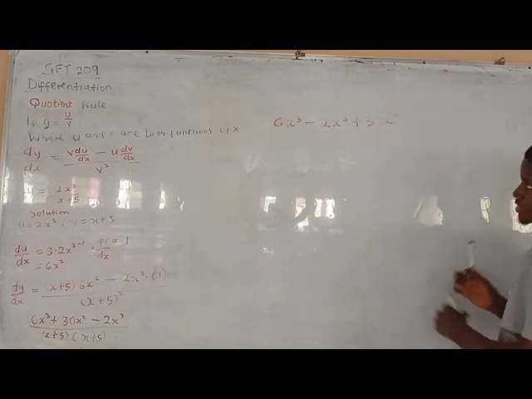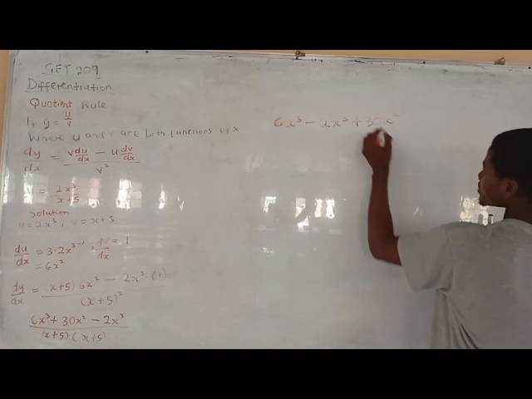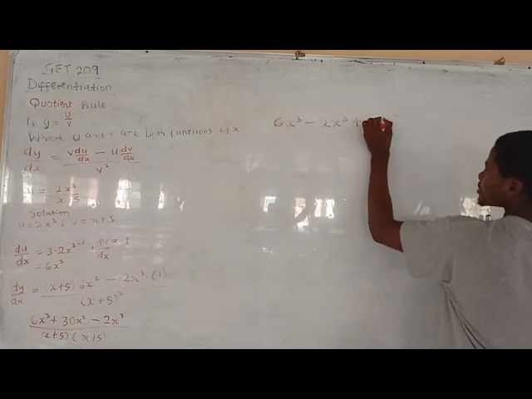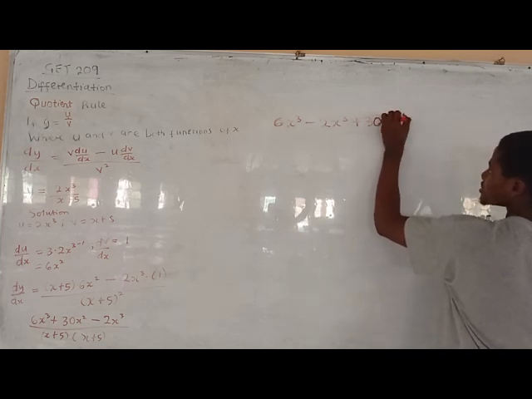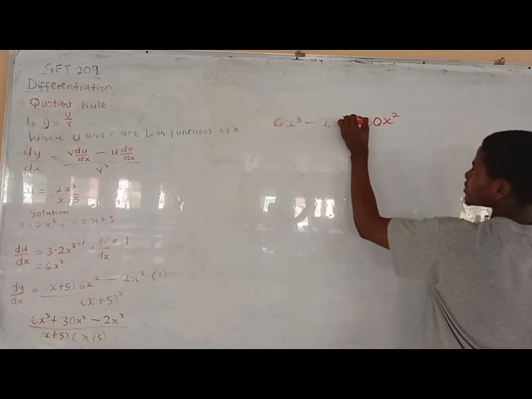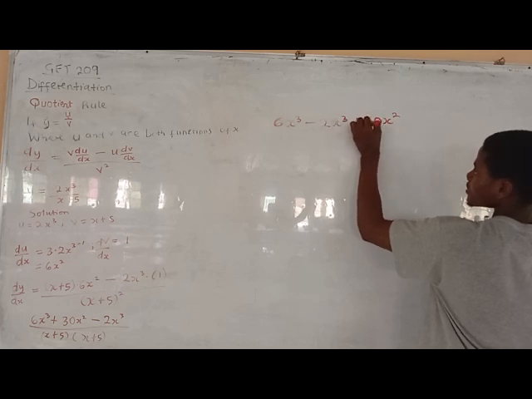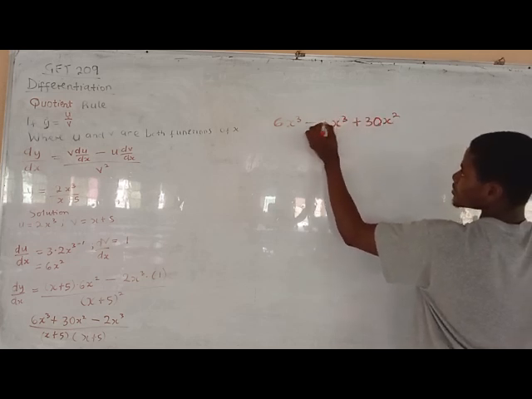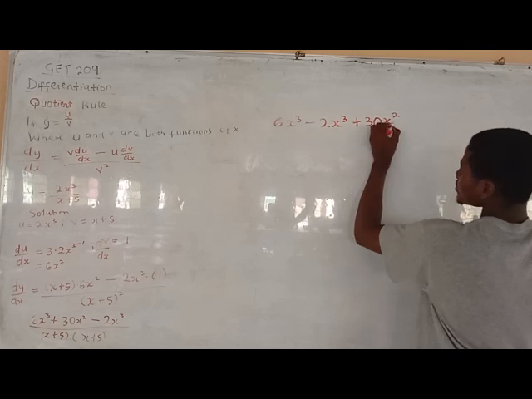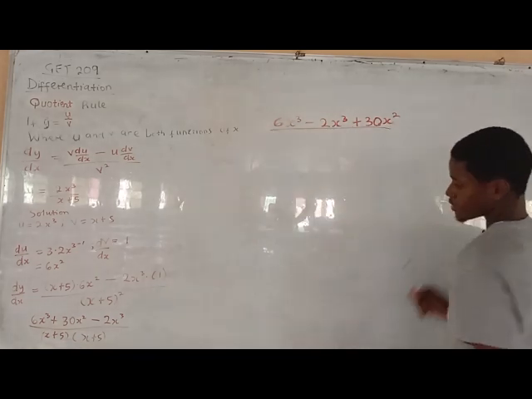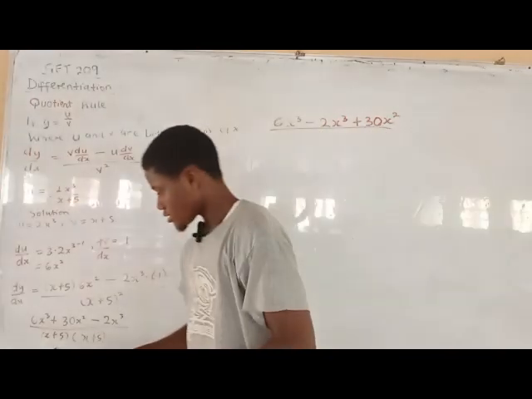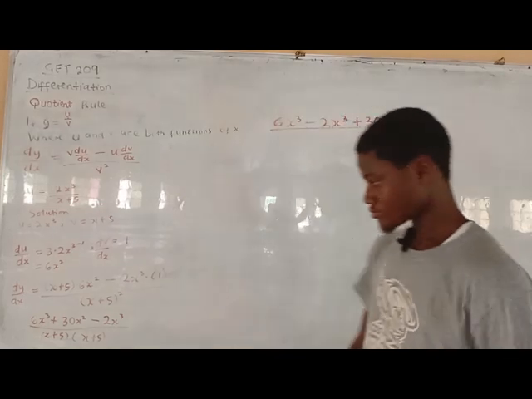Don't forget, before I did this, I said we are collecting like terms. So if they resemble themselves, they should stay in the same place. All divided by this one here, the bottom.